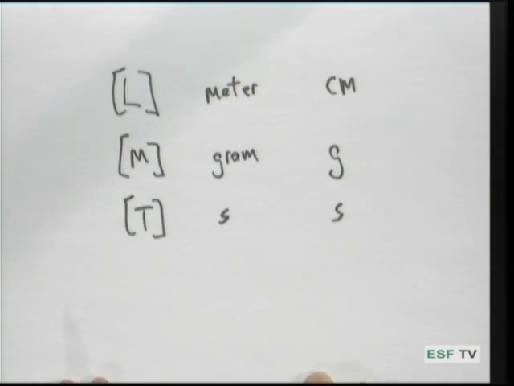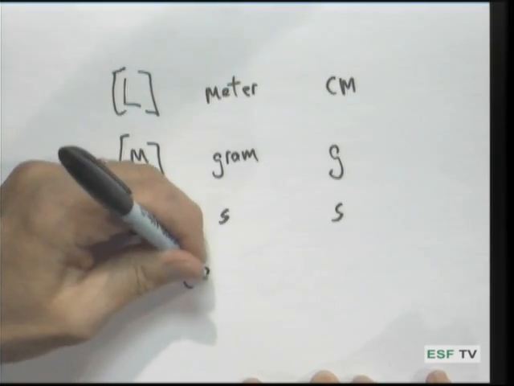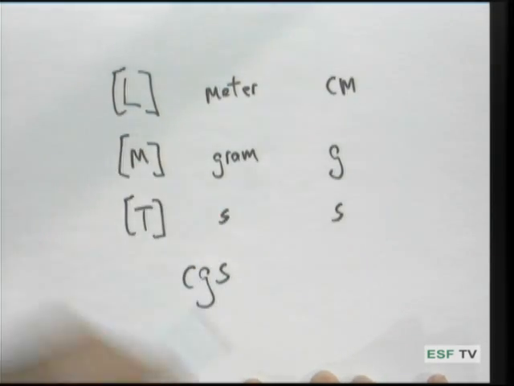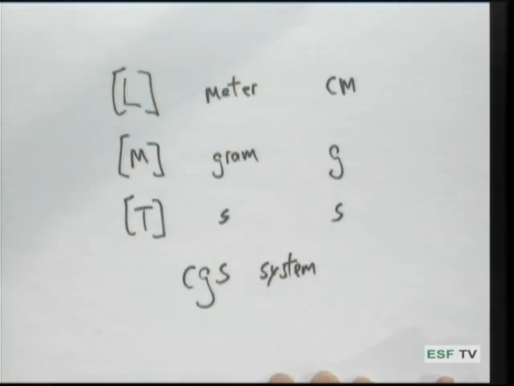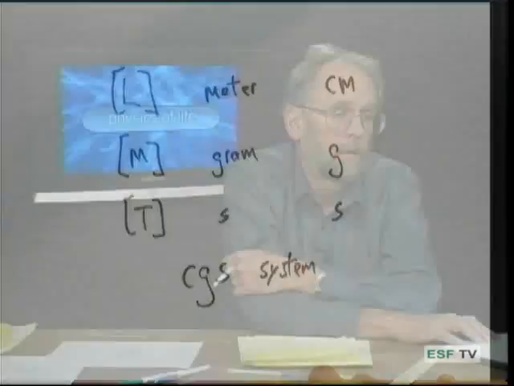And this led to the first traditional quantification of units in the metric system, the so-called CGS system. And CGS simply refers to centimeters, grams, seconds, the units of the fundamental mechanical properties of matter: length, mass, and time.